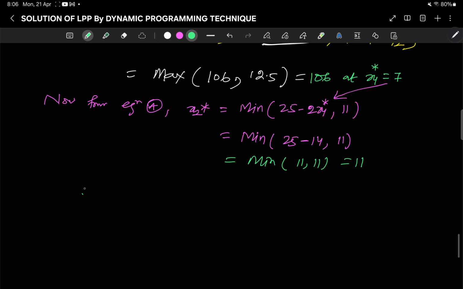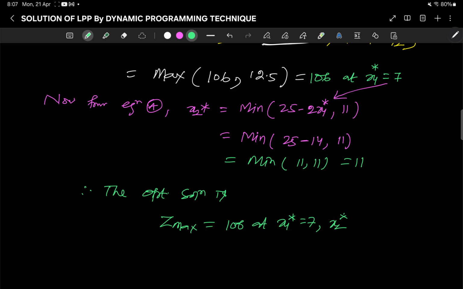Therefore the optimal solution is Z max equal to 106 at x1 star equal to 7 and x2 star equal to 11. So this is your answer.